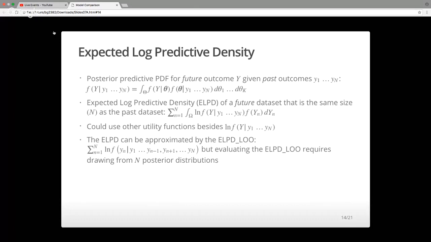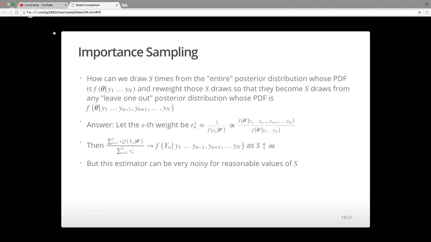So leaving out yn when predicting yn. Technically speaking, this looks like it requires you to obtain this n different times, but actually you don't have to obtain it ever. That's because we can use what's known as importance sampling.